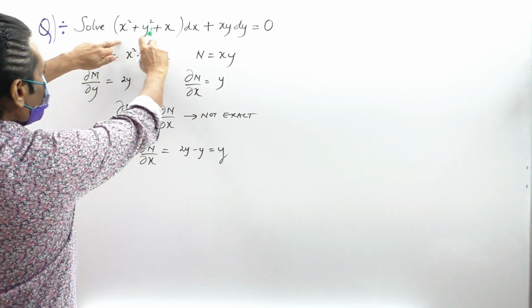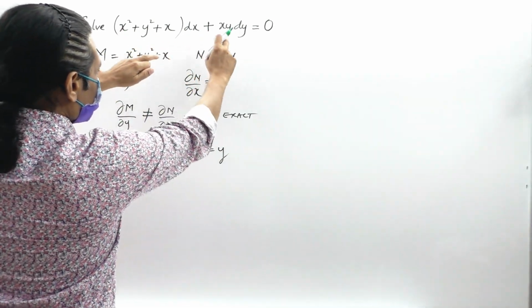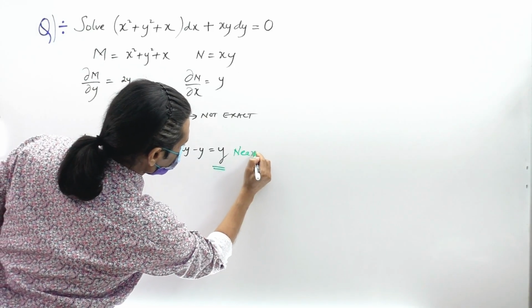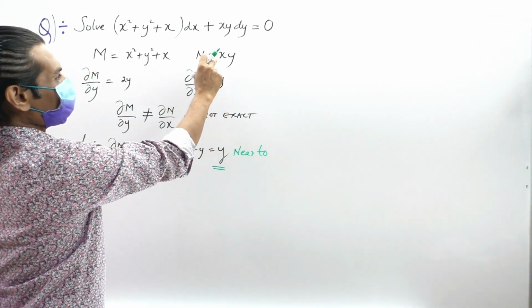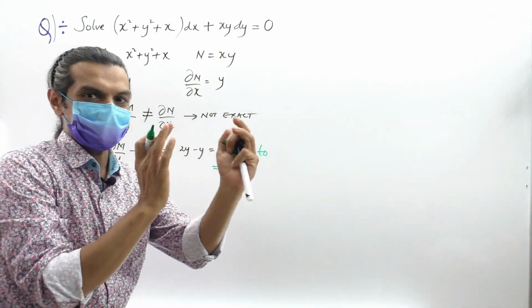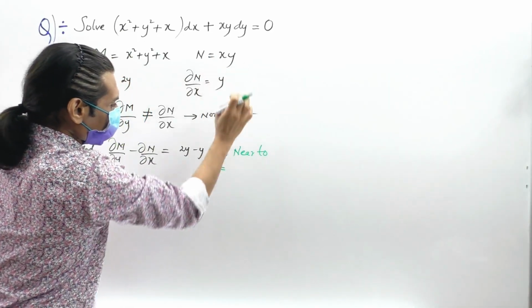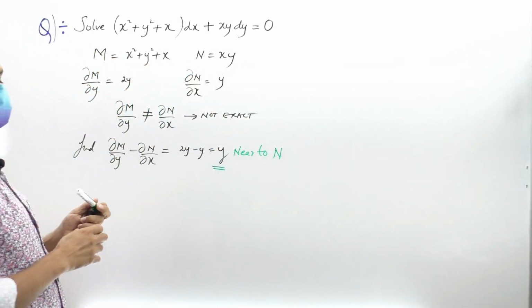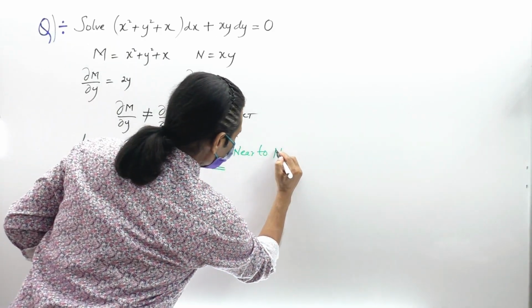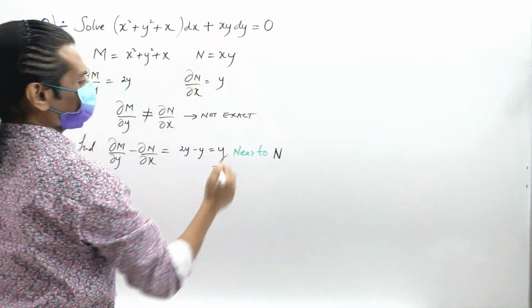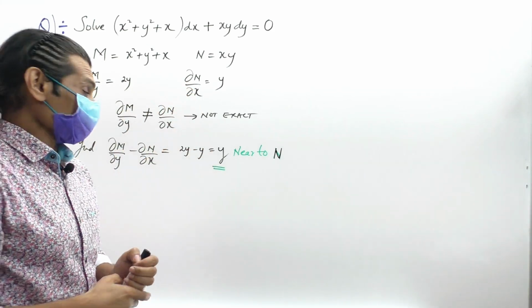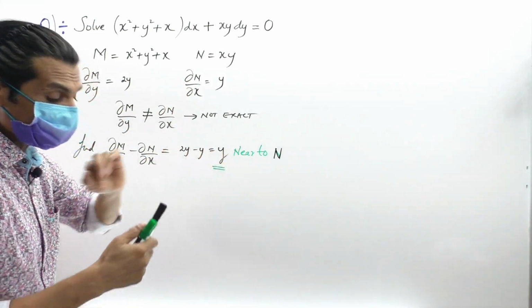See, we have this m term and this n term, and here this y is near to n, since n is xy. Getting it? It is near to n. Fine. So, the difference dou m by dou y minus dou n by dou x is near to n.